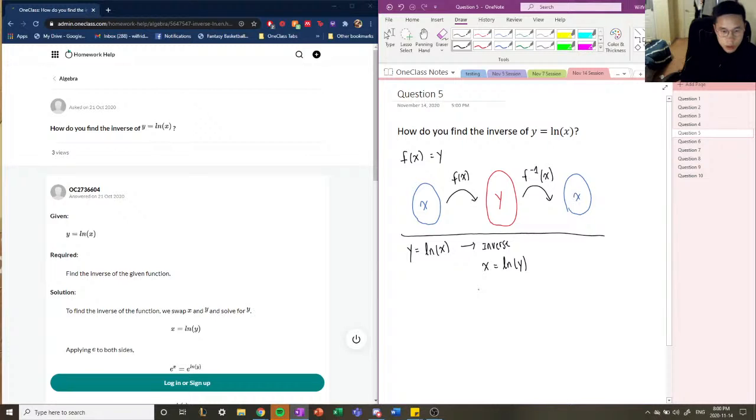So e to the x equals e to the ln y, and because of the property of ln, this equals y. Now we have y equals e to the x, and in inverse function convention, f inverse of x equals e to the x. So we have found the inverse function of our original function, which is e to the x.